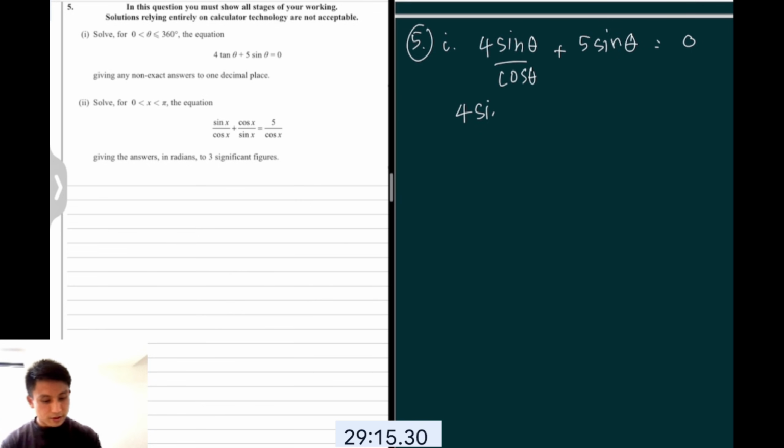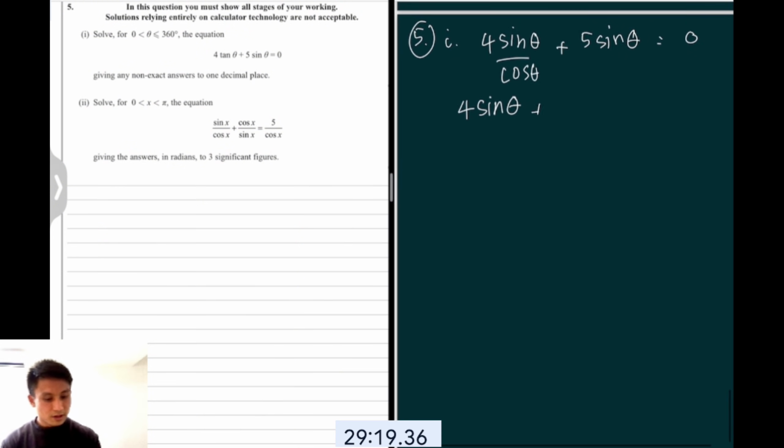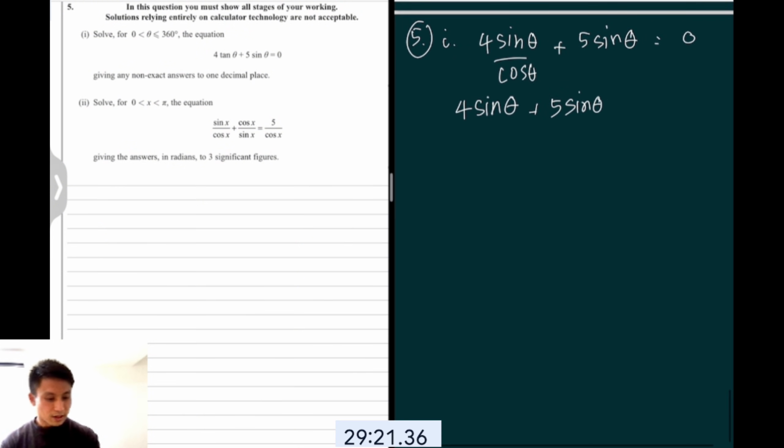For the first term, multiplying by cosine cancels, but for this one we get sine theta cos theta equals 0, because cos multiplies 0 and you get the same thing. And we factorize sine out. Note that you do not cancel sine theta on both sides because you're going to omit the solutions from sine theta equals 0. So inside would be 4 plus 5 cos theta equals 0.